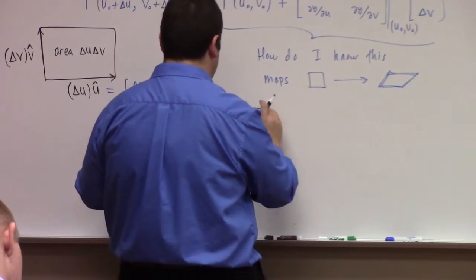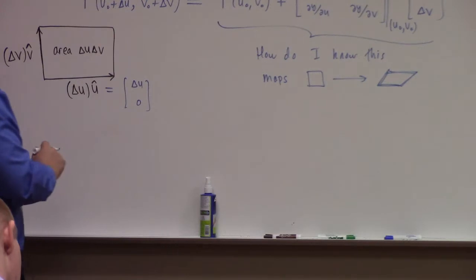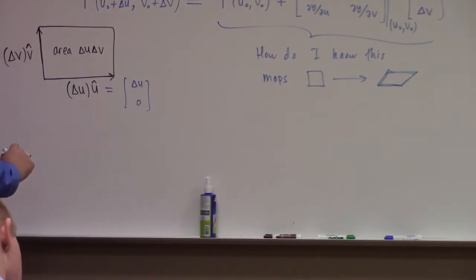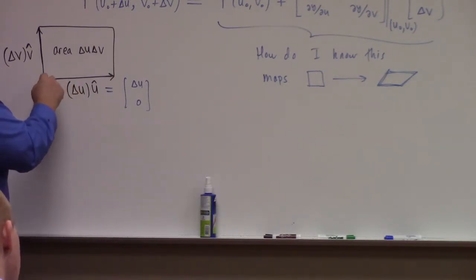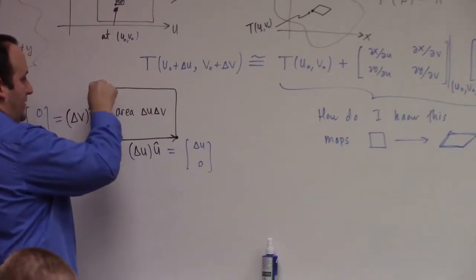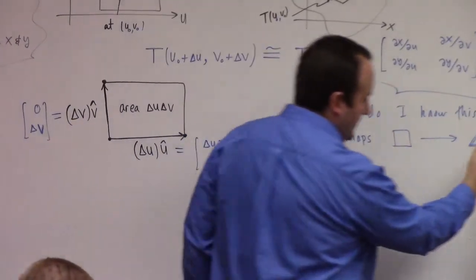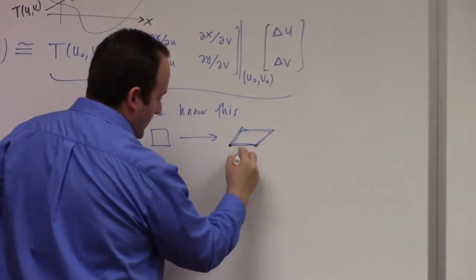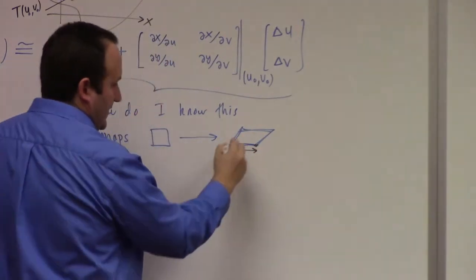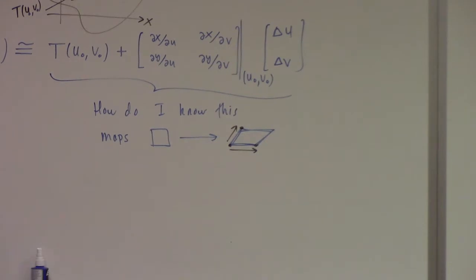To be more careful, I really should map this point and that point, right? Because these two vectors that I just drew, let me call them 1 and 2, are what we want to find.